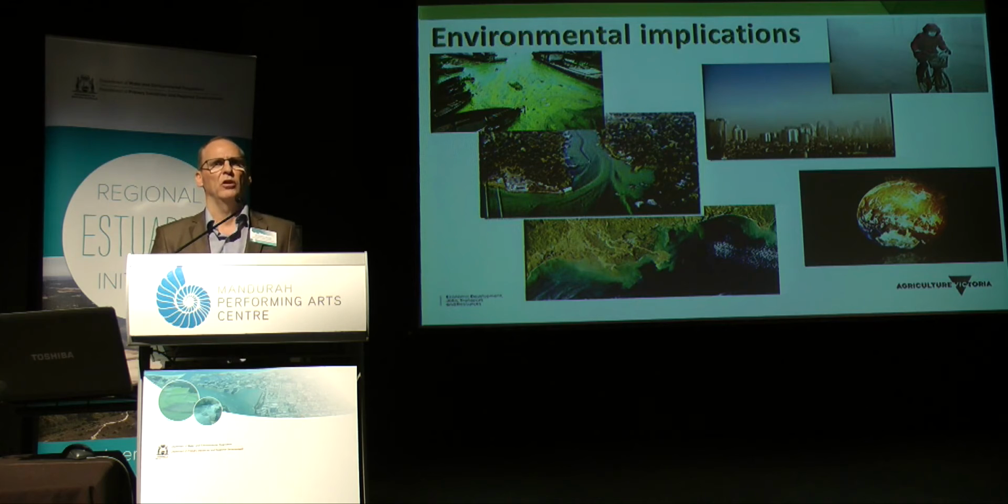It's not a big ticket issue, or certainly not recognised here. But in Europe and in the US, ammonia volatilisation, particularly from animal production, is a very major contributor to haze and respiratory illnesses through the combining of ammonia with other particulates in the atmosphere.